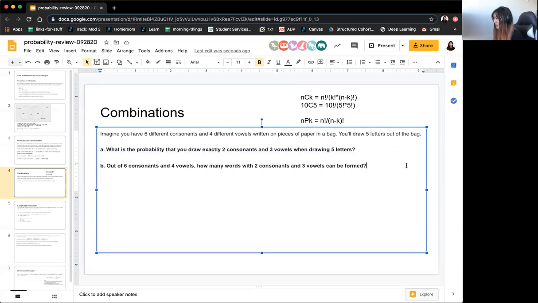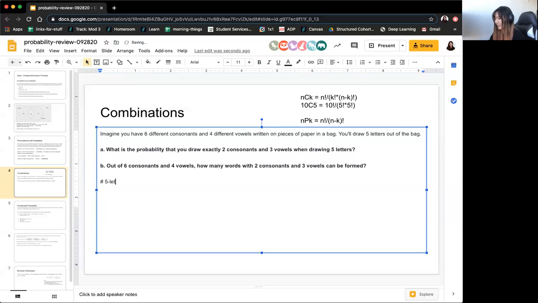So for the first part of this question, let's start with the denominator. How many ways are there to draw 5 letters out of 10 letters in a bag? In this case, with the denominator, it doesn't matter whether they are consonants or vowels. So we're just looking for the number of 5-letter combinations you can get here.